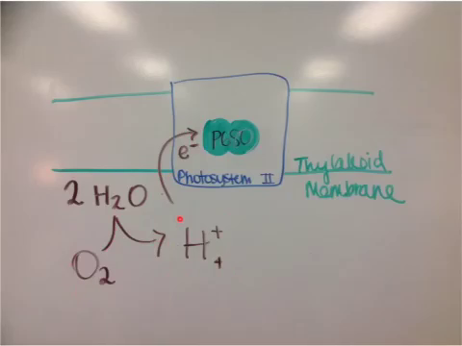The electrons from the hydrogen atoms go into the P680 to replace the missing electrons, and the hydrogen ions start to accumulate on this side of the thylakoid membrane, which is the inner thylakoid space, and the oxygen gas is released as a waste product of photosynthesis.